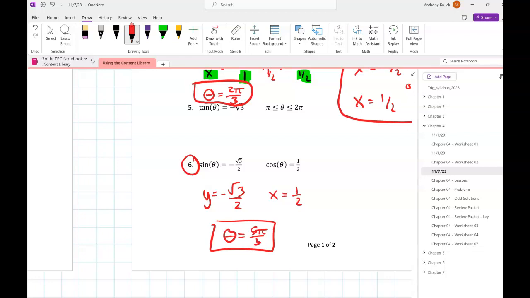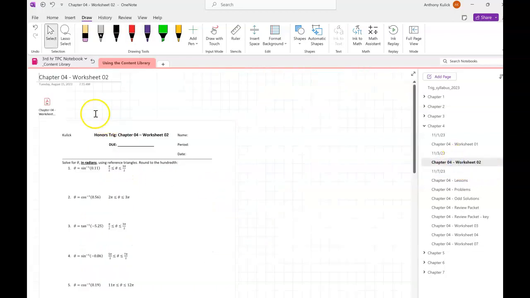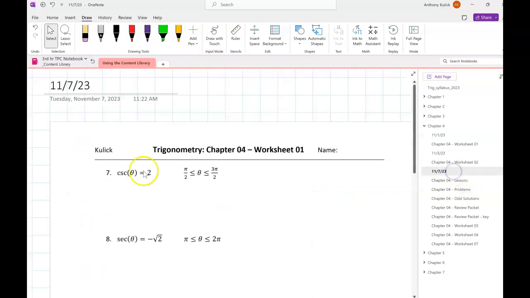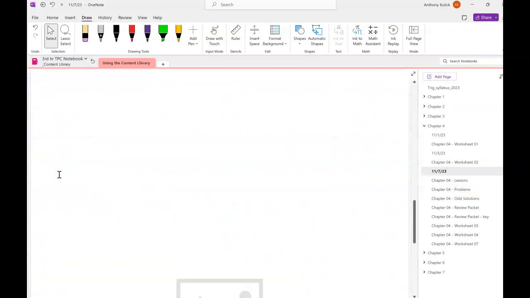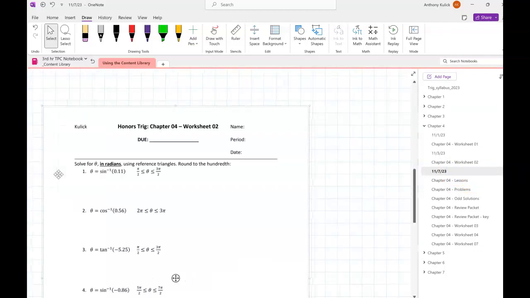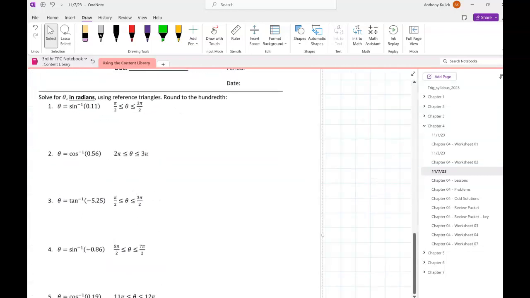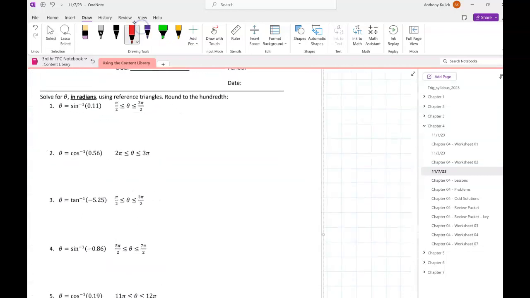But if you're ready to go to worksheet 2, let's go to worksheet 2 then. All right, let's see. All right. Where should we start? Number 1. Okie dokie.